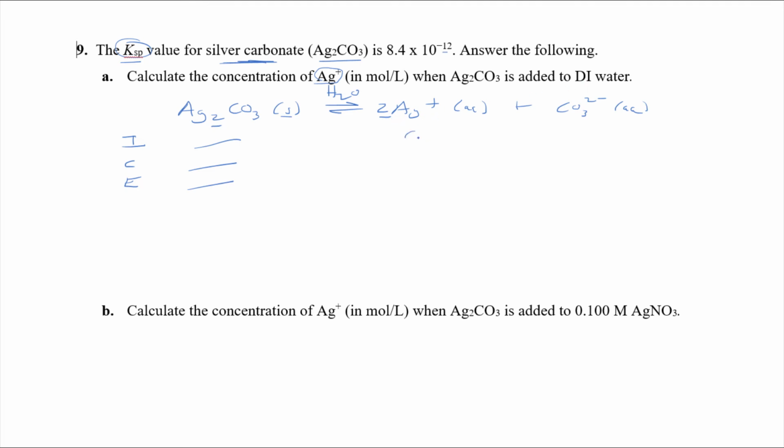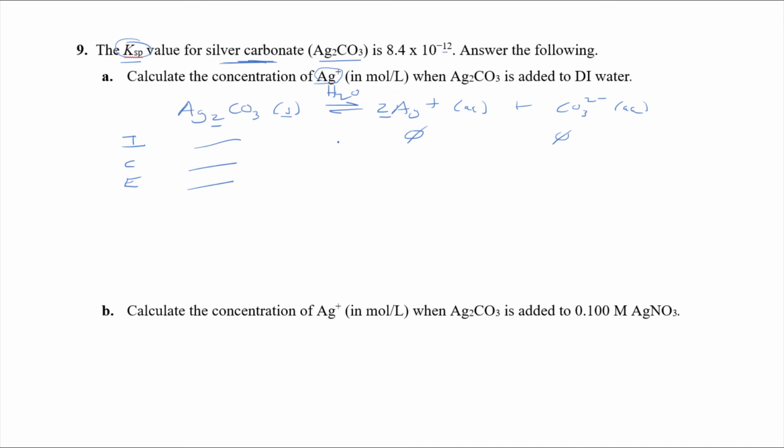No, it's DI water, so we know that's 0. Did we add any carbonate? No, it's DI water, so boom. However, we know that at this point, if you calculate Q, right, which is the same algebraic expression of K, but we have no product, so Q is 0, which means even though that K is small, Q is even smaller if it's 0, because even something small is better or higher than 0, right?